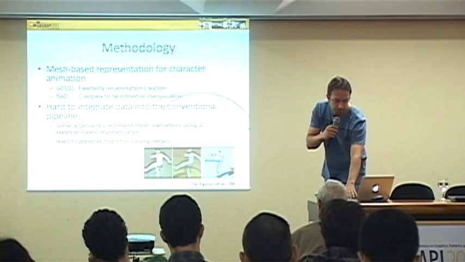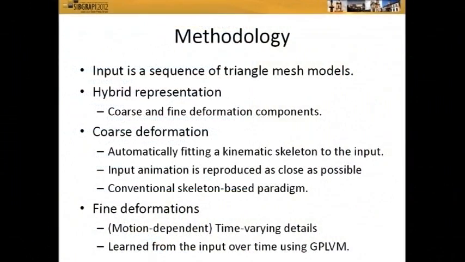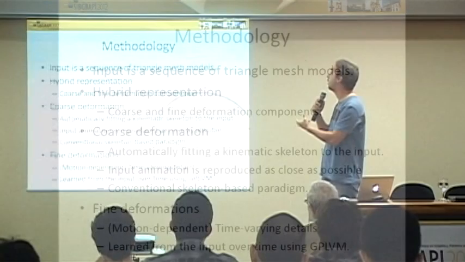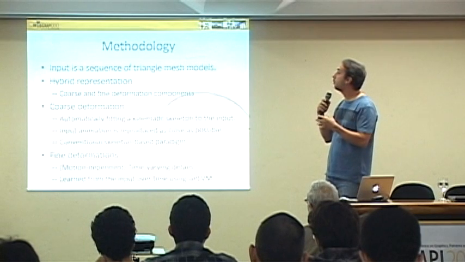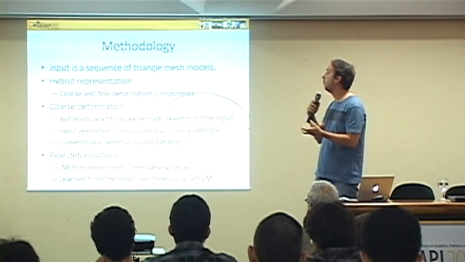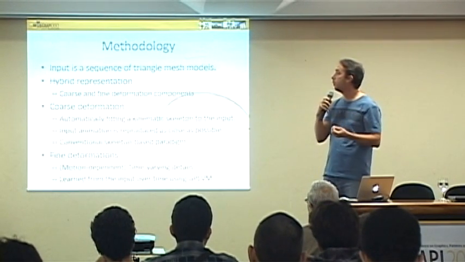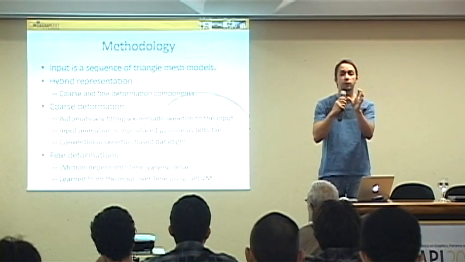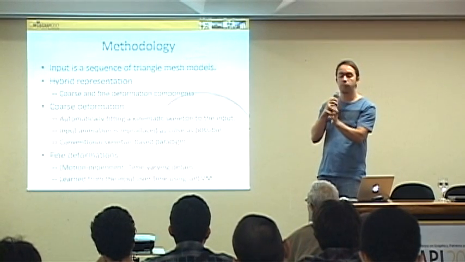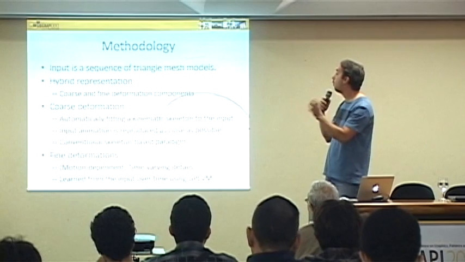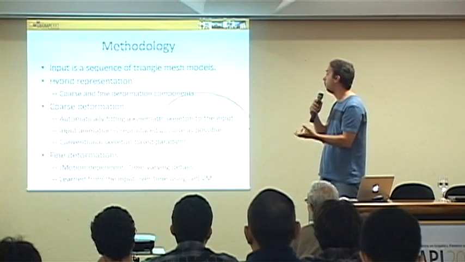When I say a mesh animation, I'm saying a sequence of triangle mesh models with the same connectivity over time. So this is the input to this method. And the way you try to partially solve this problem is by using a hybrid representation. So you try to divide a mesh-based representation into a coarse and a fine mesh component.